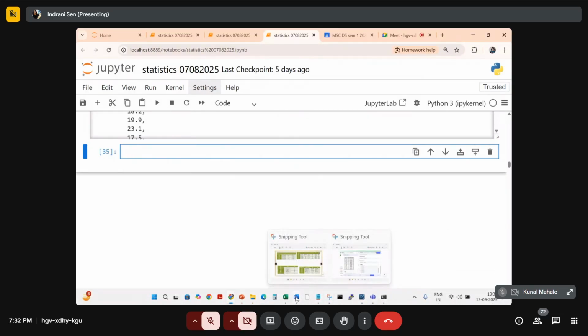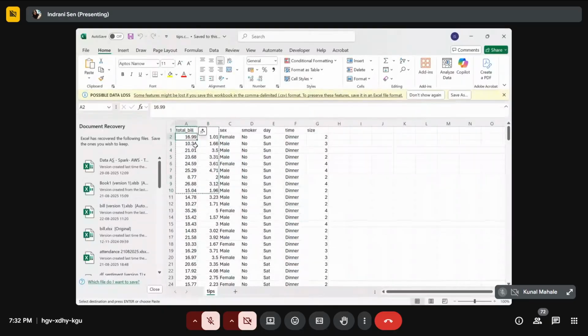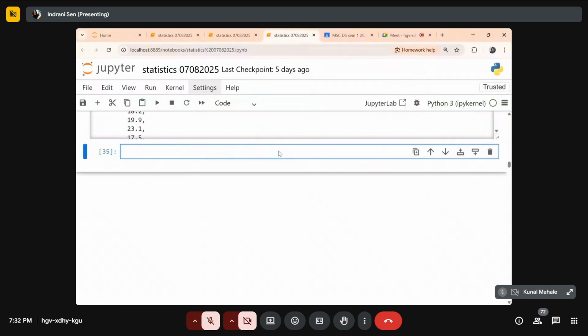So for example, this array you can take here. This total bill which we have created, we can just copy here, and I'm just doing import NumPy as NP.